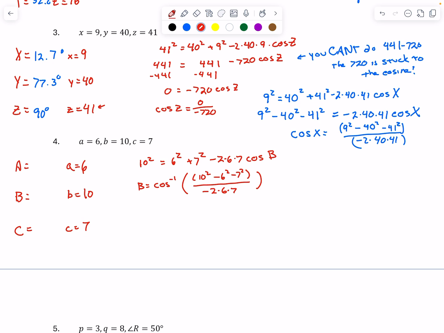B actually comes out more than 100 degrees, more than 90 degrees. Pick another one.